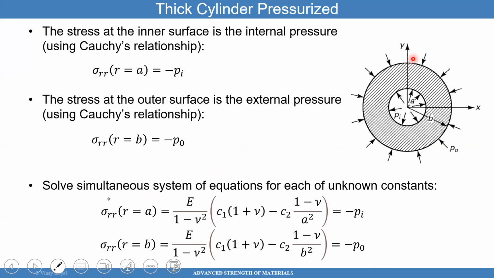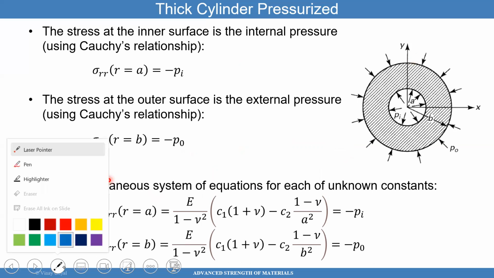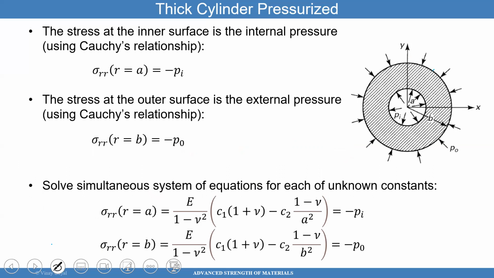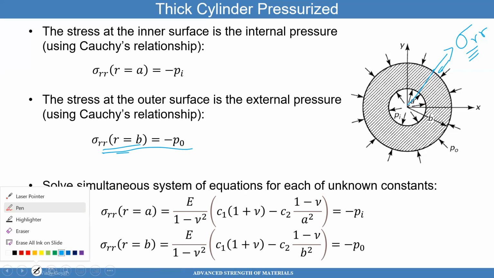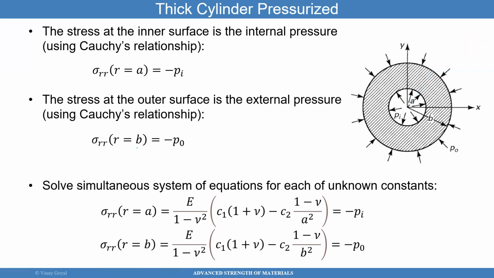Let me draw it for you so you can see it visually. I'll draw it in blue. If sigma RR is going outwards like that, then the traction load I'm applying, so let's look at R equals B, the outer surface, is applied in the opposite direction. You can see that, right? That pressure. So sigma RR is equal to minus P naught, because it's reacting in the opposite direction.